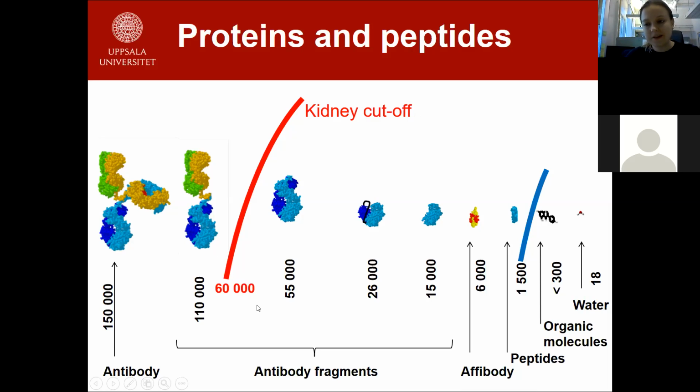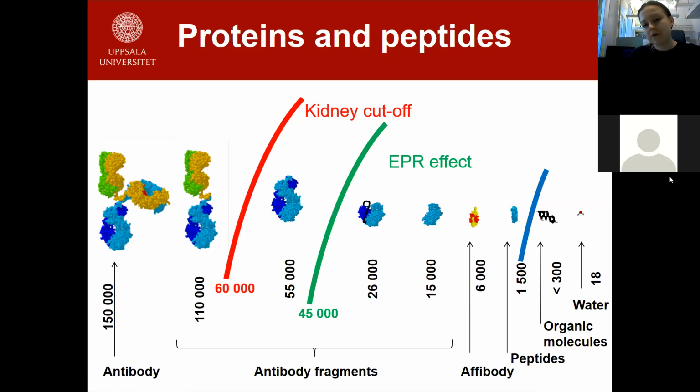Molecules bigger than about 60 kilodalton cannot be filtrated through the glomeruli in the kidneys, and they will stay in the blood longer. But molecules that are smaller than approximately 60 kilodalton can be filtered into the primary urine and removed from the body through the kidneys, through renal excretion.